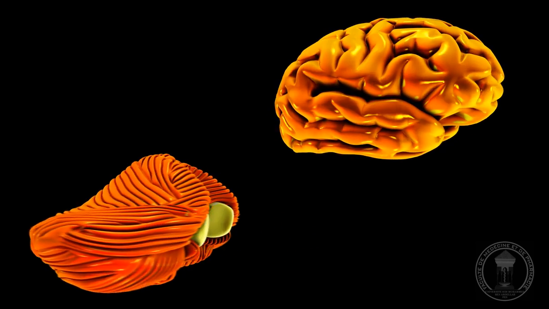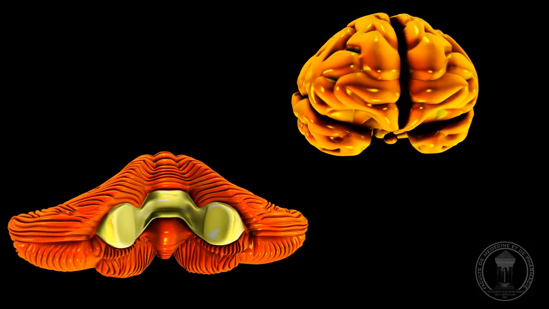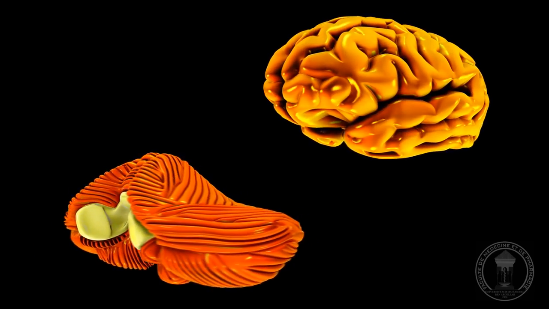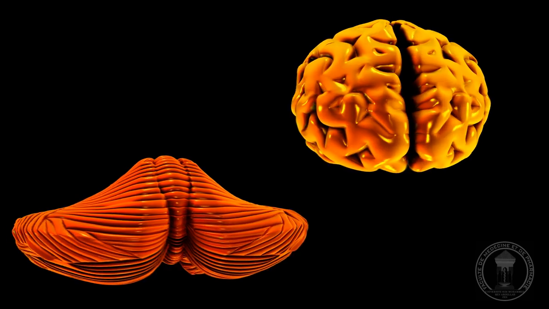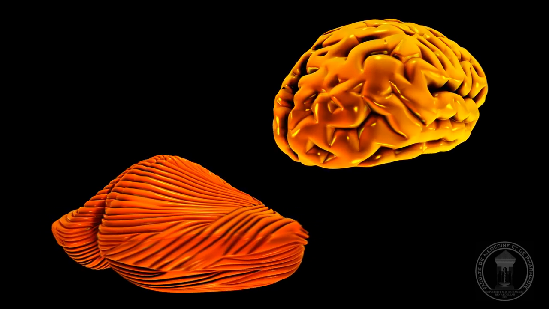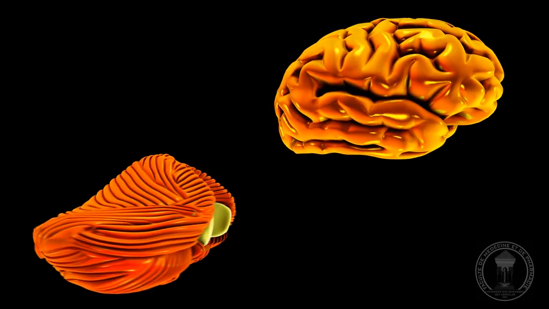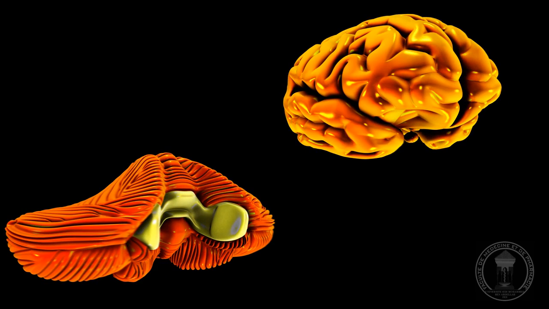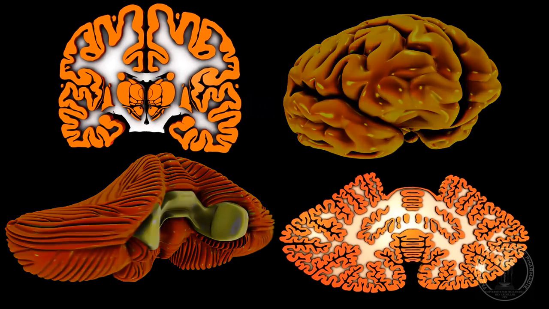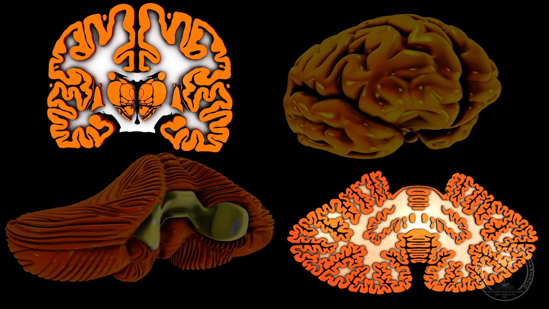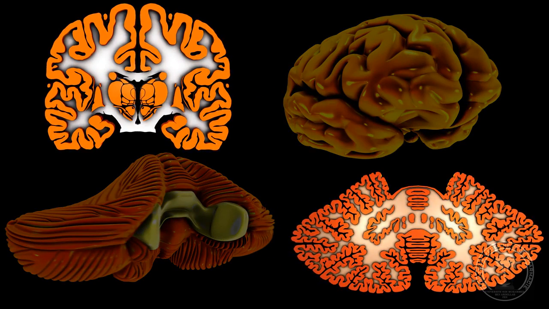The cerebellum shares many similarities with the brain. It has a peripheral cortex and deep nuclei that contain the cell bodies of neurons.